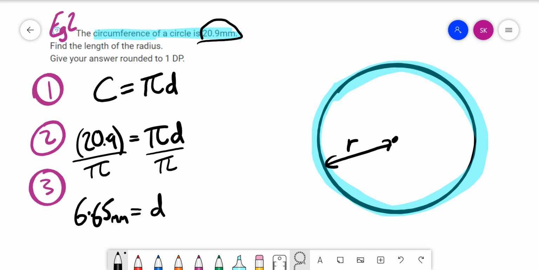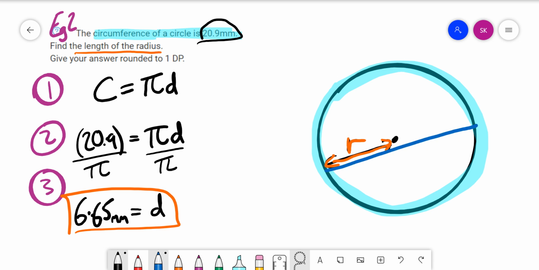Why do you think I have gone and found the diameter when I'm being asked to find the radius? Question's asking to find the radius, it's asking for this thing over here. Why have I gone and found the diameter anyway? Well, hopefully you remember how the radius and the diameter are related. The diameter is all the way across through the center. Should really go through that central point. The radius is halfway across.